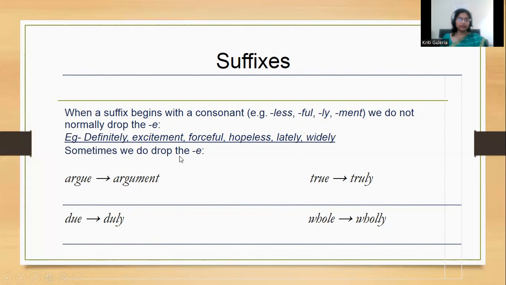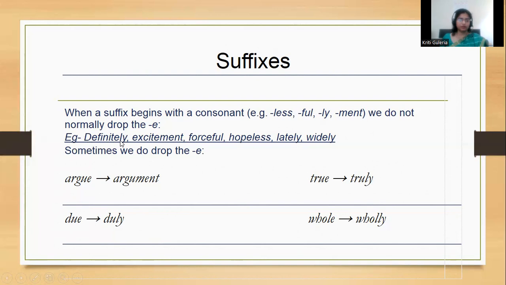So there are certain exceptions where E has to be retained and where it has to be removed. As you can see under these words, where E has remained intact, it is not being removed after adding the suffix. For example, definitely. Definite was the word, but by adding suffix ly, we are keeping E together.